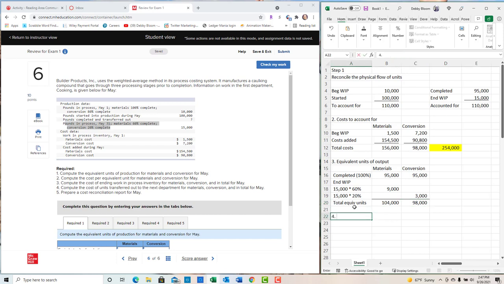So in step 4, we're going to get the cost per equivalent unit. So for materials, conversion, and total. So in terms of materials, we take the 156,000 and we divide by 104,000.